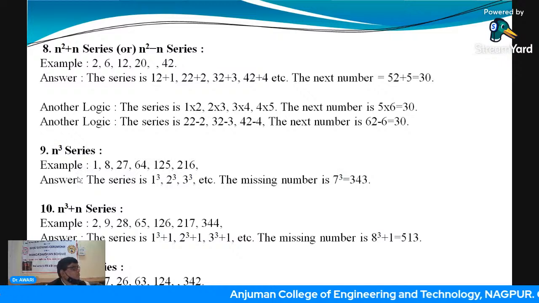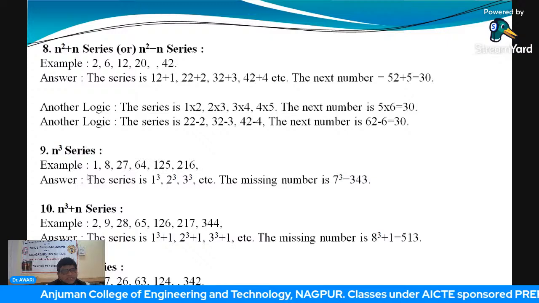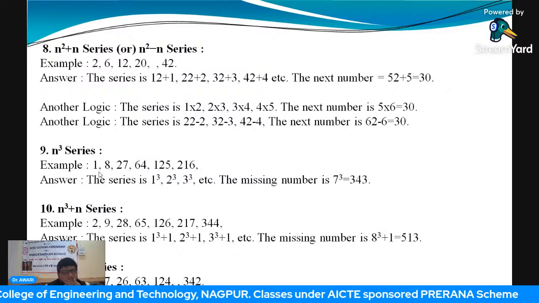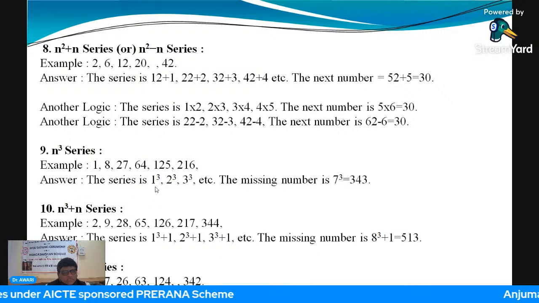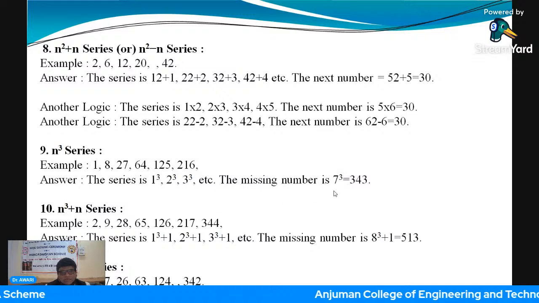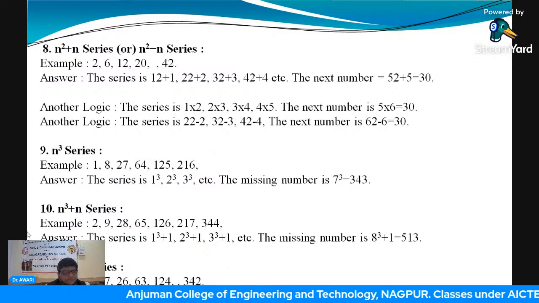Then the n cube series. An example of an n cube series is 1, 8, 27, 64, 125, 216. The series is 1 cube, 2 cube, 3 cube. The missing number is 7 cube, equal to 343.